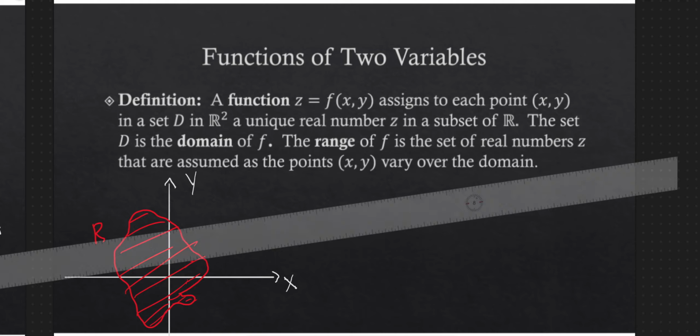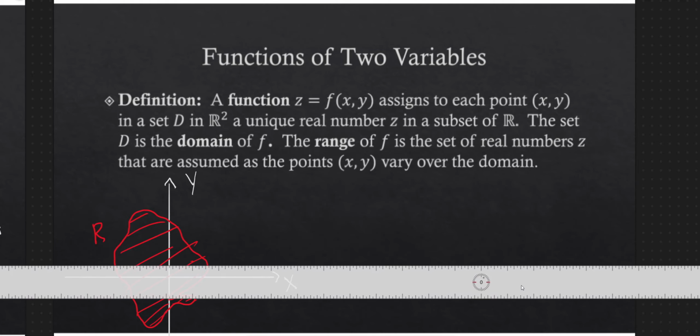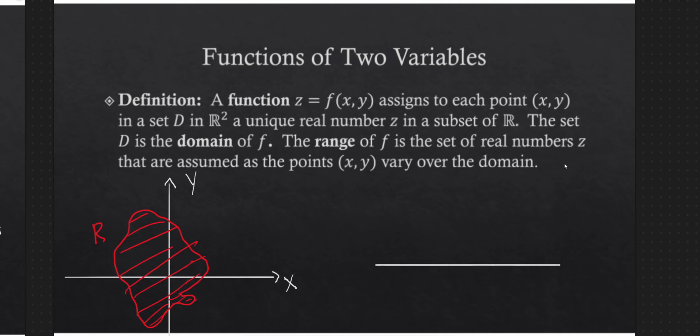And the idea is that for every point in that domain, every point where the function is defined, we get a real value out of it. So let's say I pick, I don't know, the origin is in the domain, and so that will get mapped to something over here on the real line.